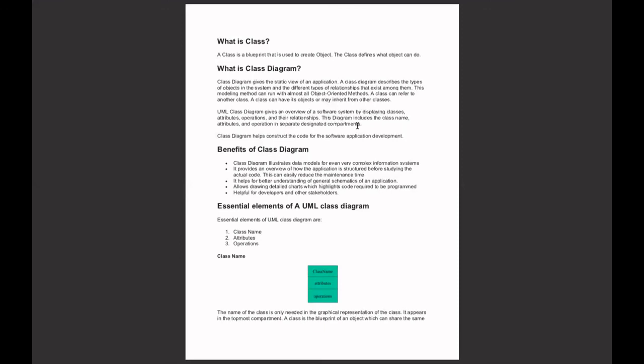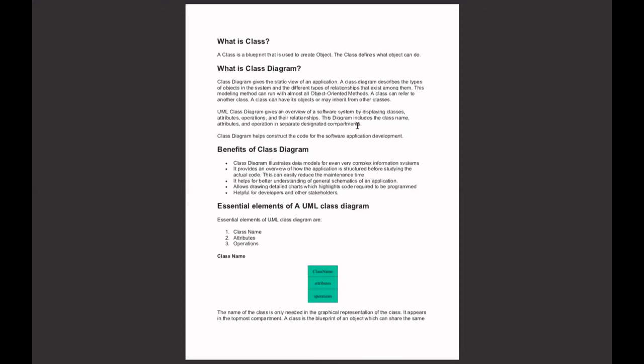Class diagrams are widely used in the modeling of object-oriented systems because they are the only UML diagram which can be mapped directly to object-oriented languages. Class diagrams show a collection of classes, interfaces, associations, collaborations, and constraints. It is also known as a structural diagram.